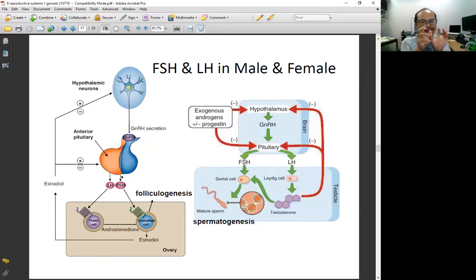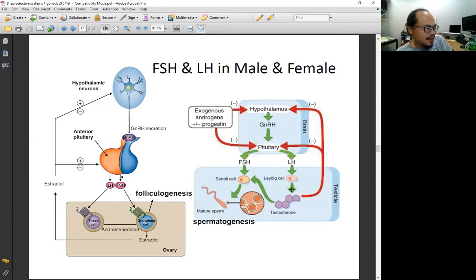That's a follicle surrounding oocytes to promote folliculogenesis. Now, FSH in the male acts on the Sertoli cells to promote spermatogenesis.